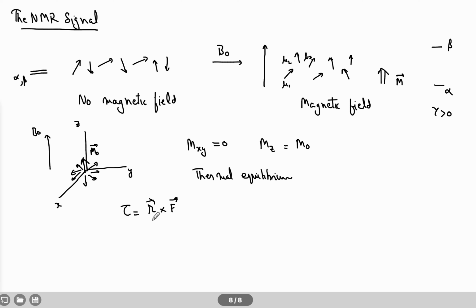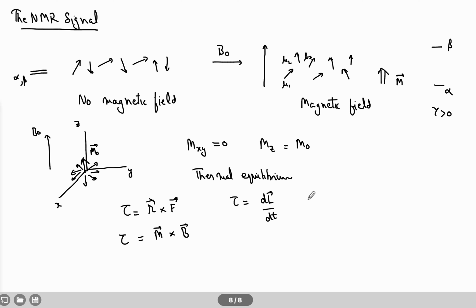In this case, r is given by vector M, and the force is given by B. Tau can also be written as the rate of change of angular momentum, dL by dt.